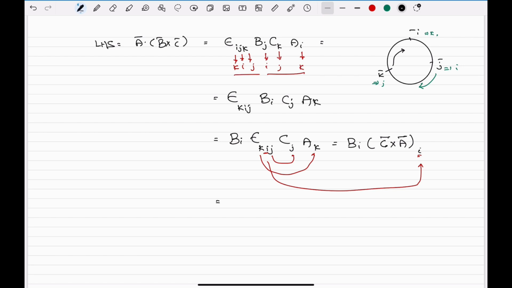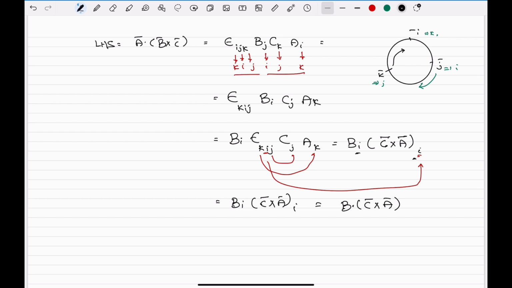Now this will become b i, c cross a i. That is equal to b c cross a. B dot, because both are having i, we can put the dot here.